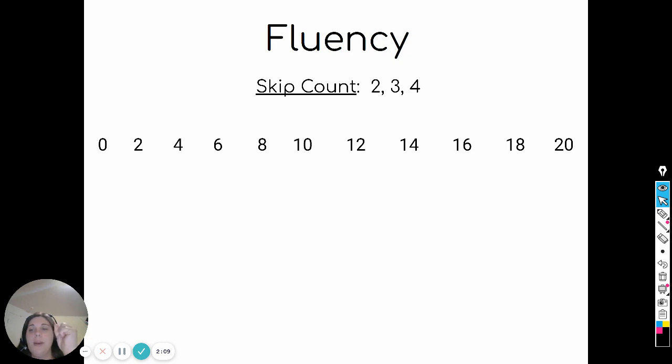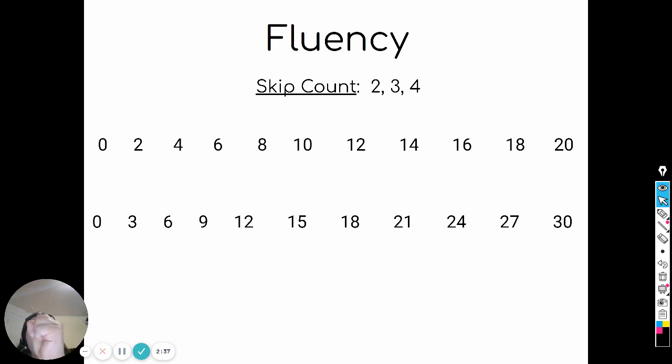Ready? 2, 4, 6, 8, 10, 12, 14, 16, 18, 20. If you feel like you're getting really good at that, I highly suggest you look away from the screen as you're counting and try to count them on your own.